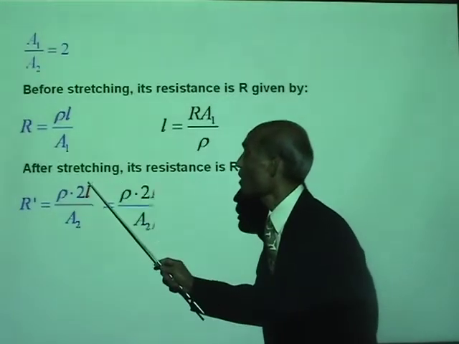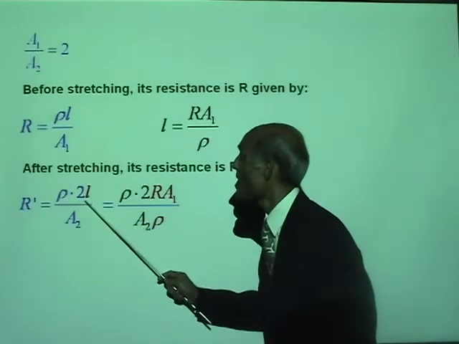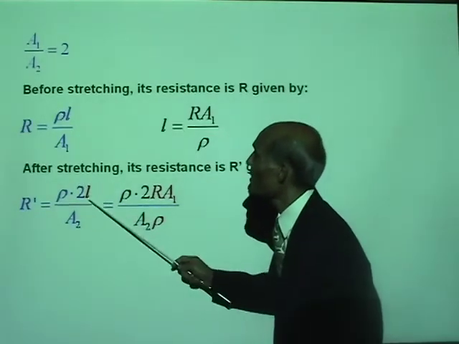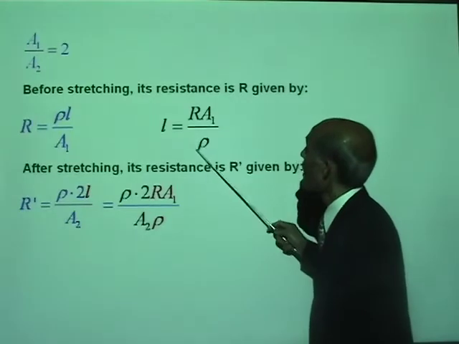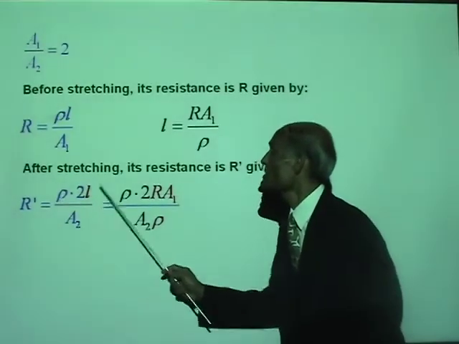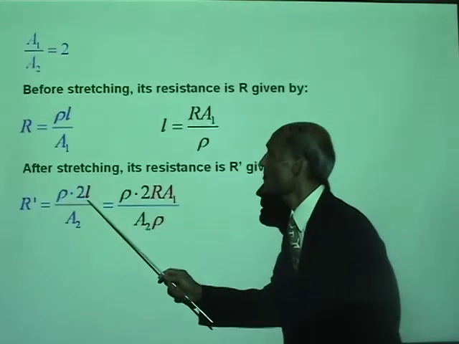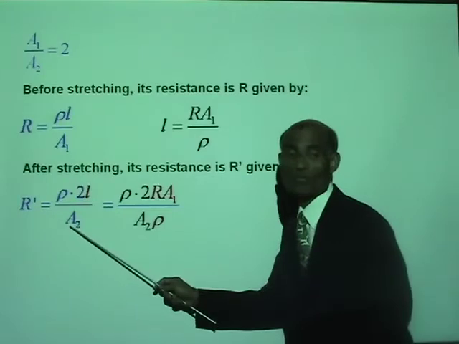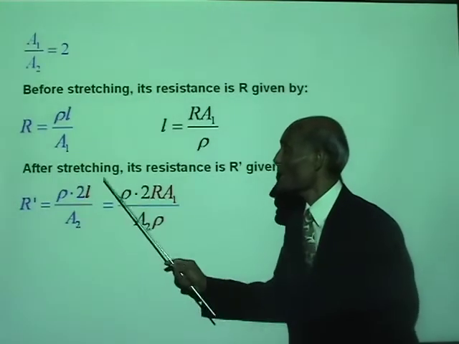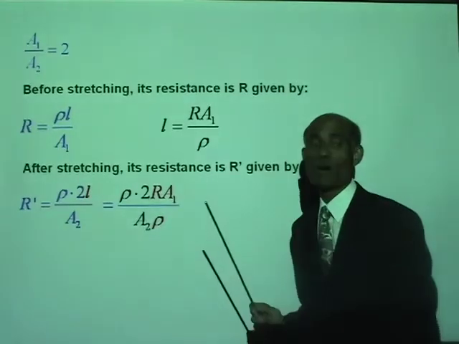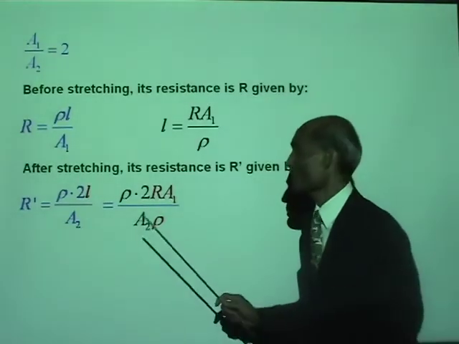Well, now this L, what is this L equal to? You can see I'm going to replace that L by R A1 over rho. So that will be rho times 2, that L becomes now R A1 over rho, and of course that A2 is there. Now what happens?